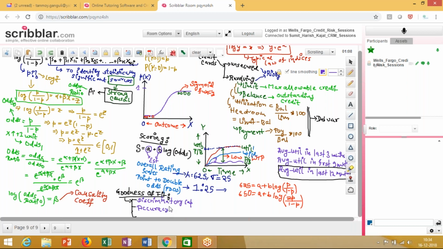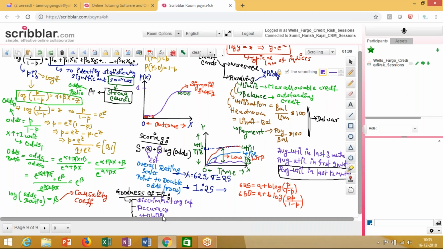The third that we have over here is the stability of the model. And for each of these cases, we have stylized matrices which are calculated, and we look into each of these assessments to frame our idea about the performance of the scorecard, right?